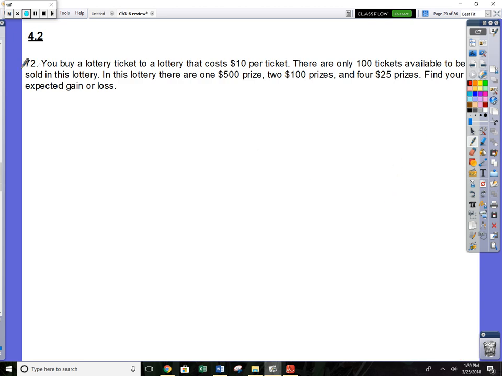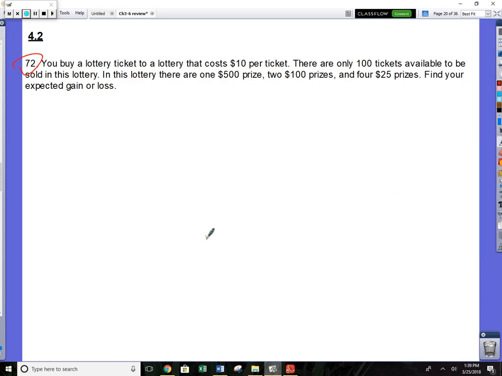Okay, problem 72. You buy a lottery ticket to a lottery that costs $10 a ticket. There are only 100 tickets available. Okay, that's good to know. In this lottery, there are 1 $500 prize, 2 $100 prizes, and 4 $25 prizes. Find your expected gain.